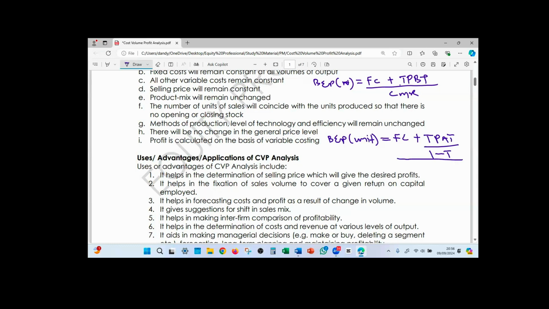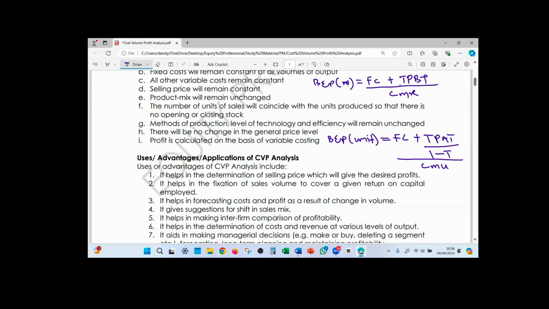Then I divide by the contribution margin per unit. This is the formula to calculate break-even points in units to earn a targeted profit after tax.